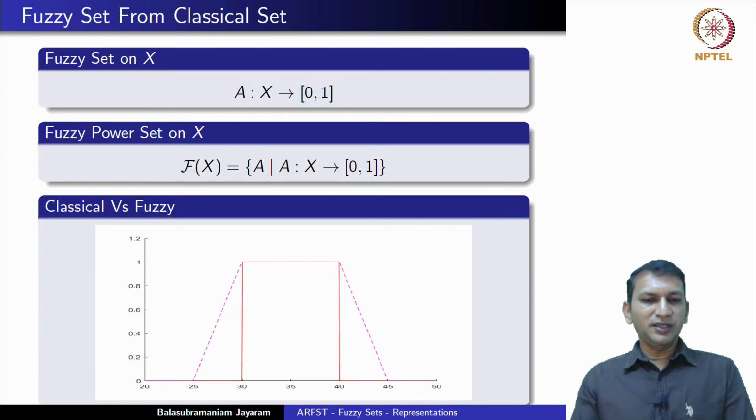So in a nutshell, classical sets can be represented by their characteristic functions, which look like stepped functions, typically rectangular functions, whereas fuzzy sets are represented by membership functions. That's what we call them, because every value between 0 and 1, we look at as a membership value. If it takes 0 membership, then we say it doesn't belong. If it takes membership 1, it totally belongs, but it could also have varying membership values.